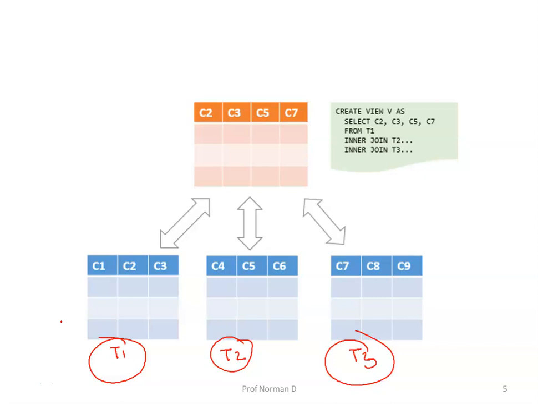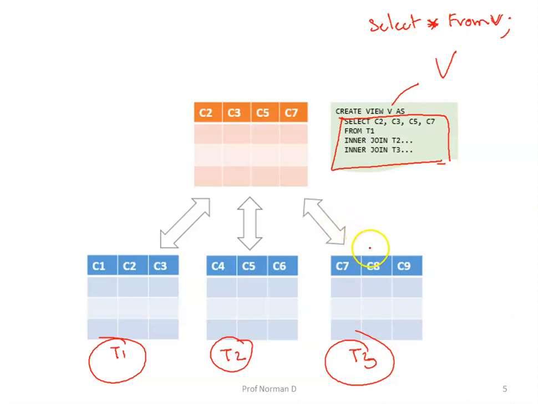So I take the same query, look at this example, and I convert it into a view. The name given to this view is V. Whenever I want to display the contents of the view, I will say select star from V. This query will pull up attributes C2 and C3 from T1, C5 from T2 and C7 from T3.